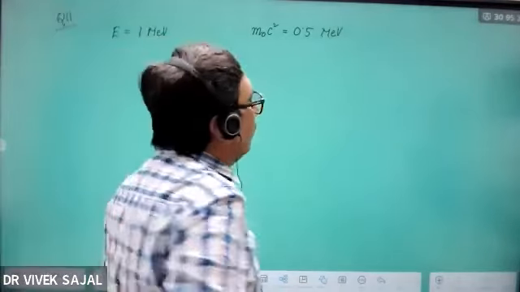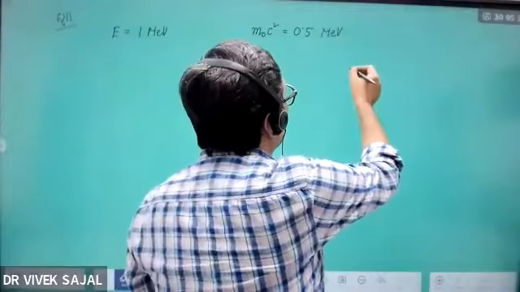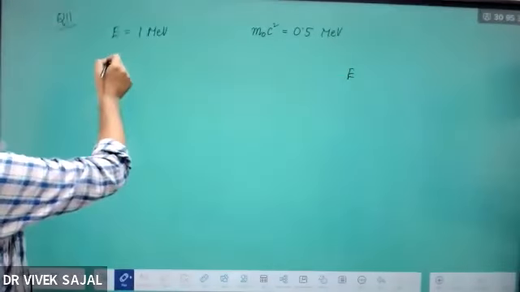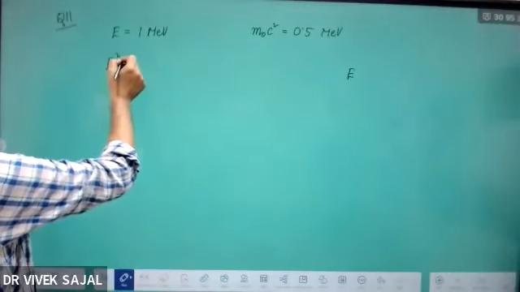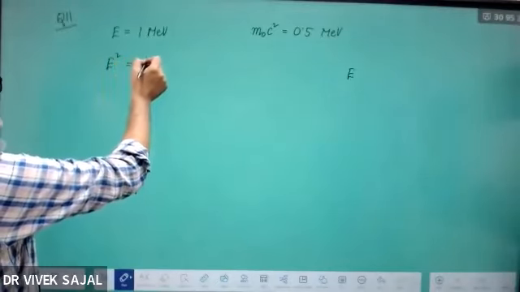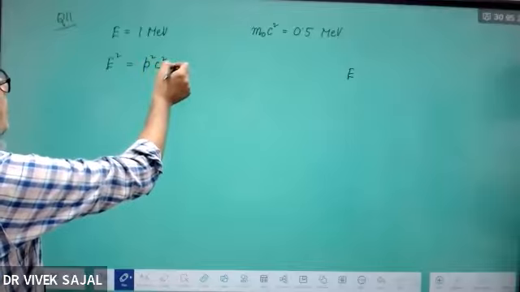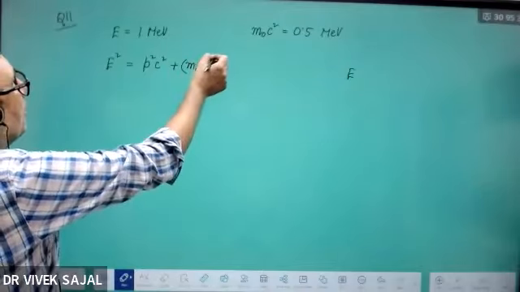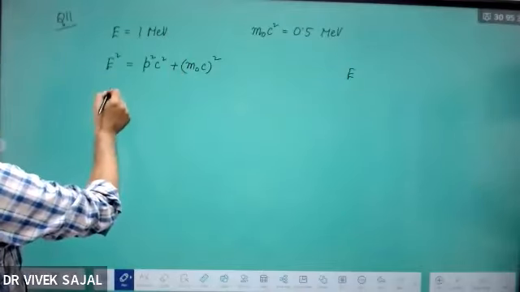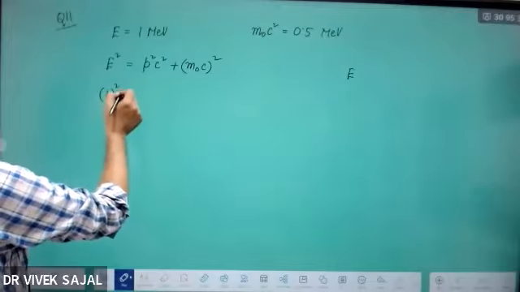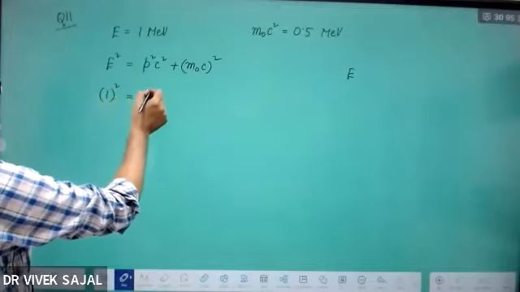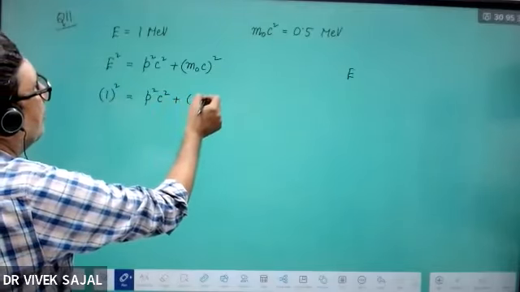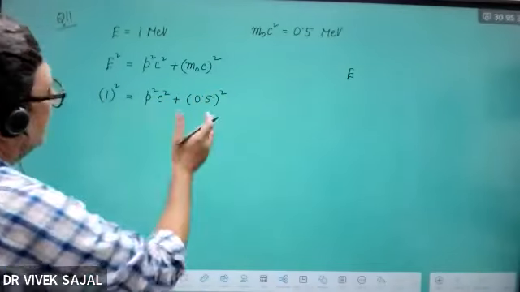One more thing, how can you check if it is not given? Try to understand. Here I can show you directly. E squared is equal to P squared C squared plus (M naught C squared) squared. So 1 MeV squared equals P squared C squared plus 0.5 MeV squared.